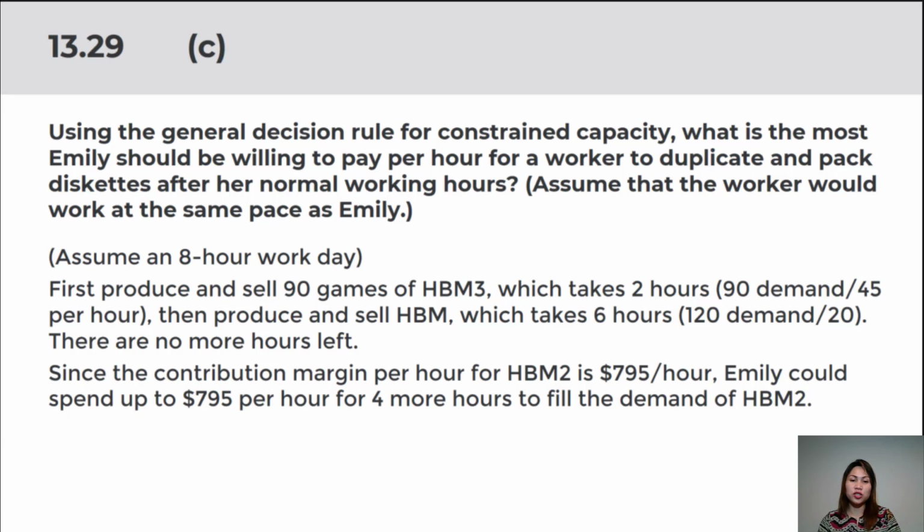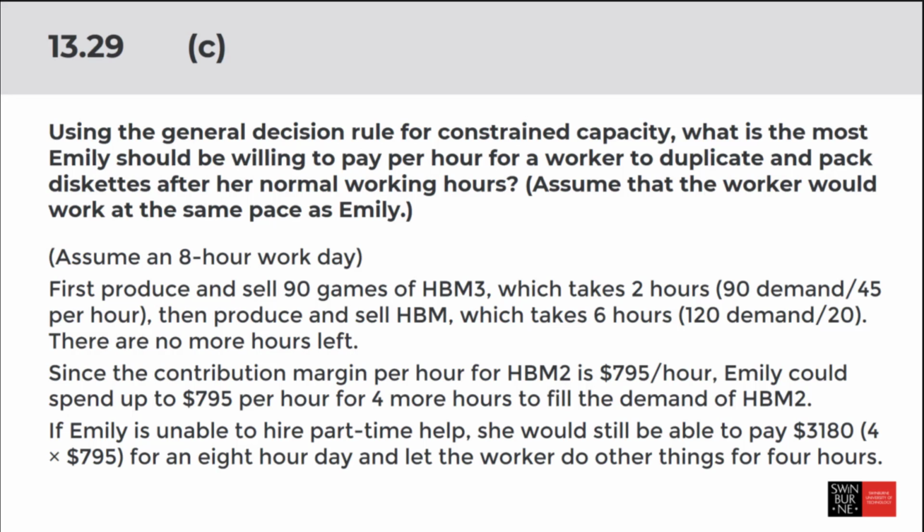However, since the contribution margin per hour for HBM2 is $795 per hour, Emily could spend up to $795 per hour for 4 more hours to fill the demand of HBM2.